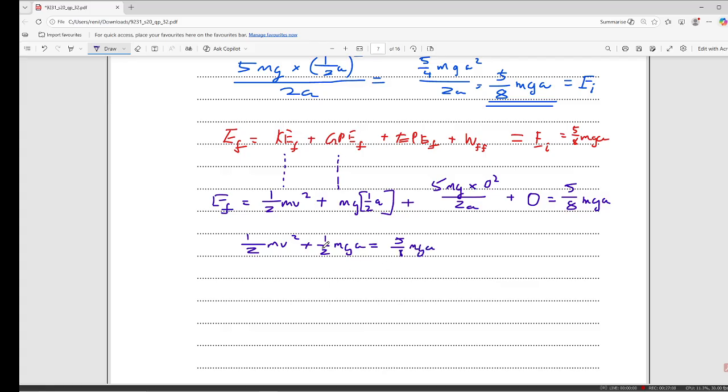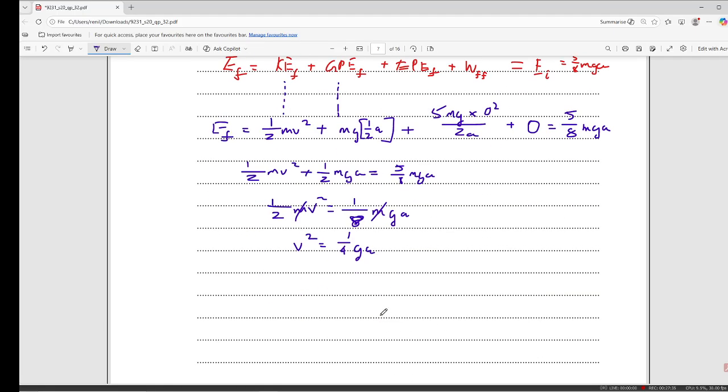Now if I bring this towards the right hand side, I get half mv square equals 1 by 8 mga. I can cancel the masses on both sides. I can multiply both sides with 2 to get v square equals 1 by 4 ga.